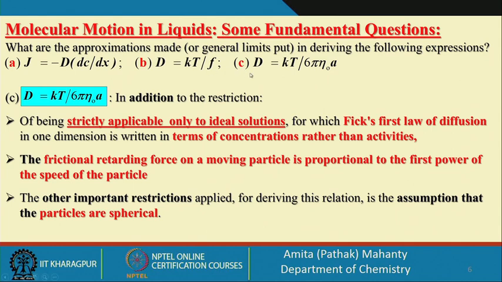In the third one, in addition to the solution being applicable only to dilute solutions, where Fick's first law of diffusion in one dimension has the activities replaced by concentration, and the frictional or retarding force acting on the particle is proportional to the first power of speed, what we have additionally put in is the assumption that the particles are spherical.